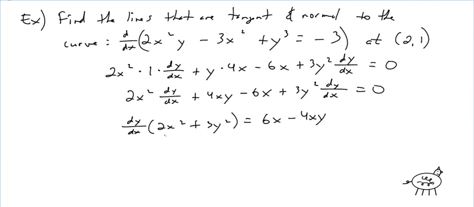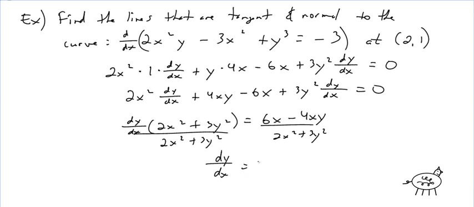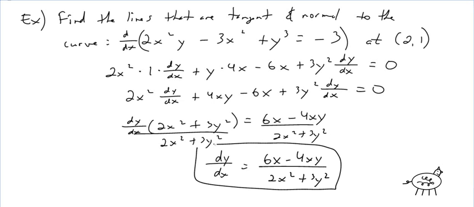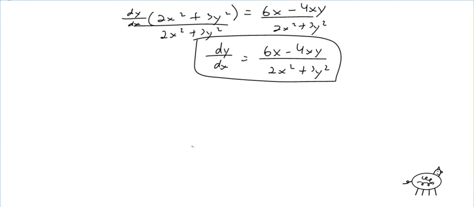Then divide both sides by 2x squared plus 3y squared, and so I get dy/dx is equal to (6x minus 4xy) over (2x squared plus 3y squared). You can't really simplify that, so that's your derivative, the equation for the slope of the tangent.